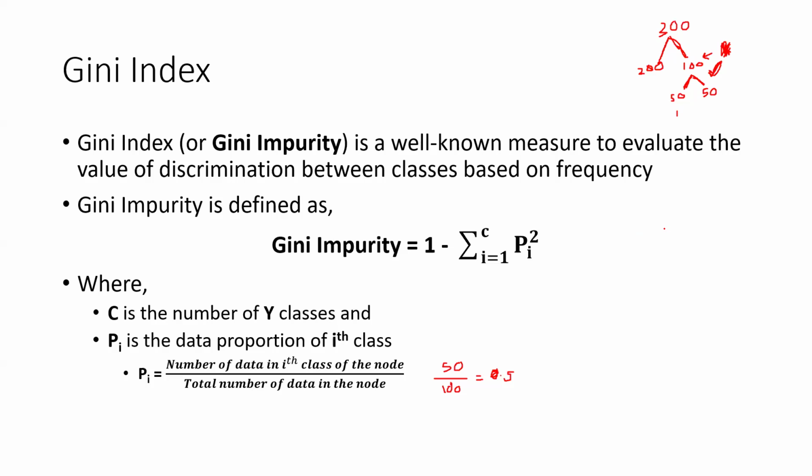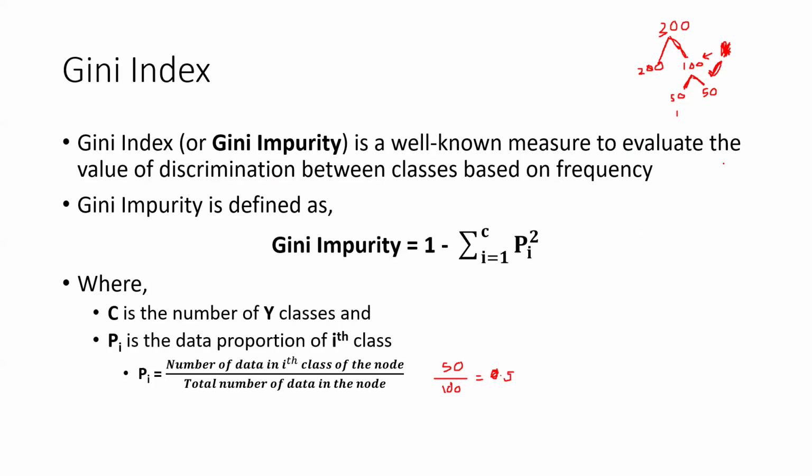So this Gini index is evaluating the amount of discrimination that happens in each of the classes, based on the frequency.